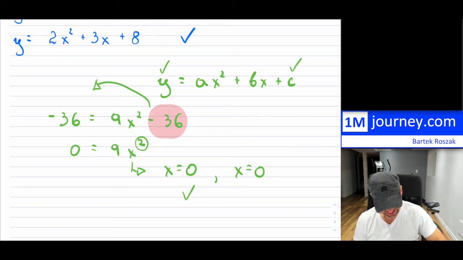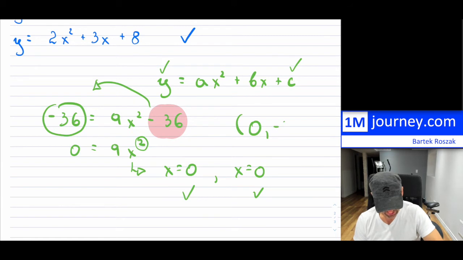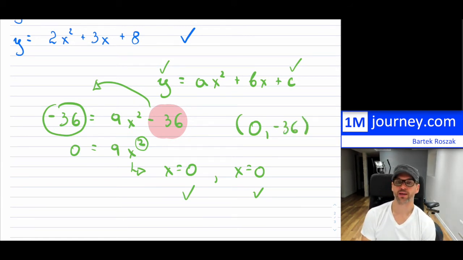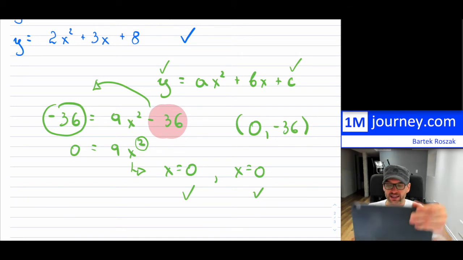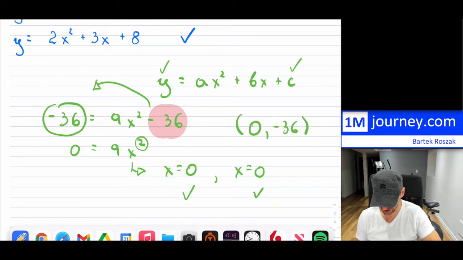So what makes this 0, I have now found the point, because remember, my y I set to negative 36. So my x is 0, so this is 0, negative 36. And for the difference of squares, that will always be your vertex. This point is exactly on the vertex whenever it's a difference of squares when you take the c. And if you graph this out, I'm going to use decimals. So it's 9 and negative 36.